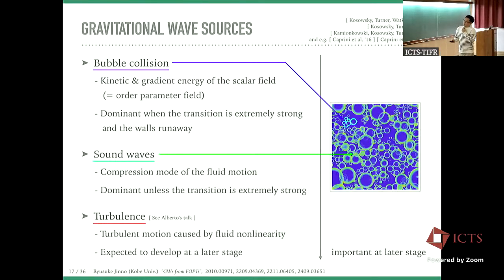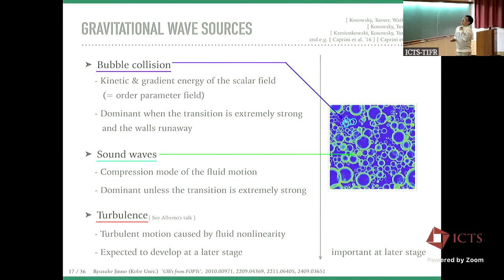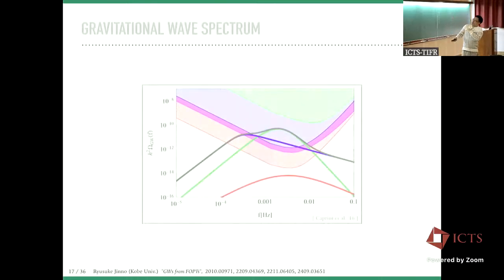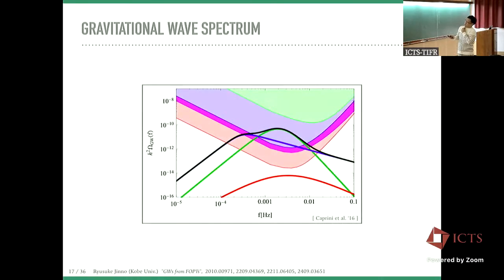And at a later stage, turbulence can or will occur. It's of course turbulent motion caused by fluid nonlinearity, and this is expected to develop at a later stage. And if we combine these three elements, currently we have this kind of gravitational wave spectrum.